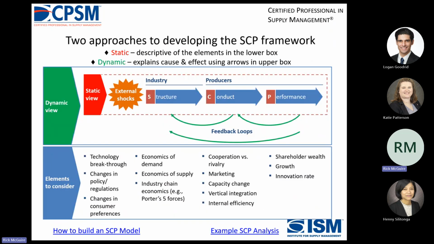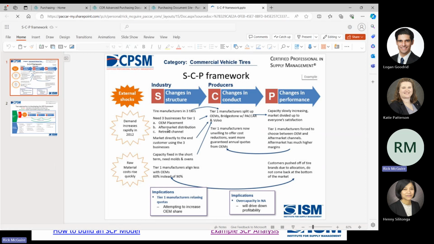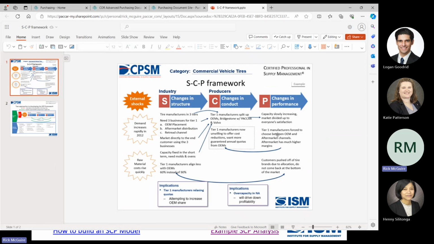One of the things that can help you, and they teach this in the MCE course, is this structure, conduct, performance model. I'll call it an SCP model. And here's an example here. This is one that was done for commercial vehicle tires a while back.